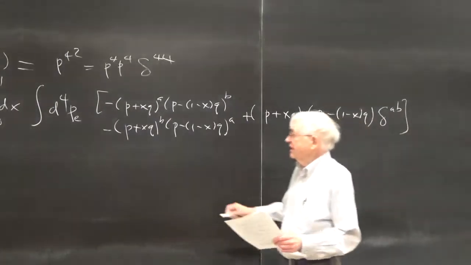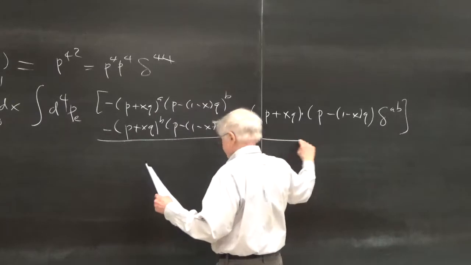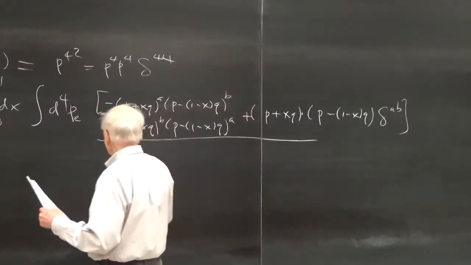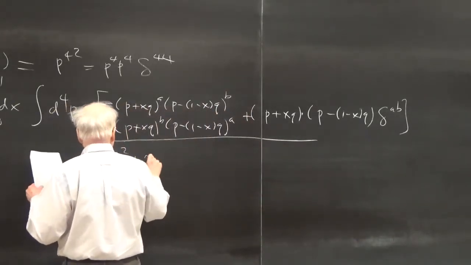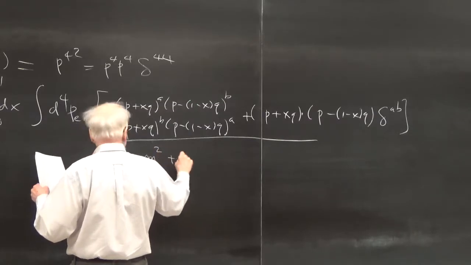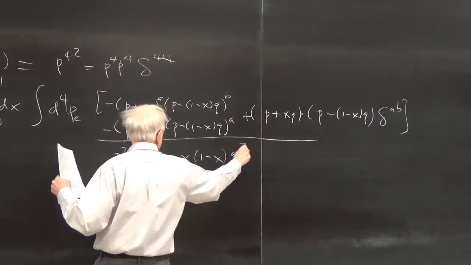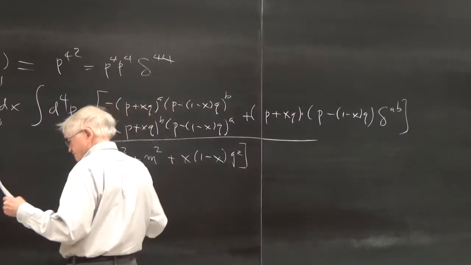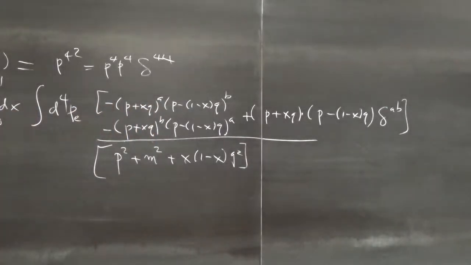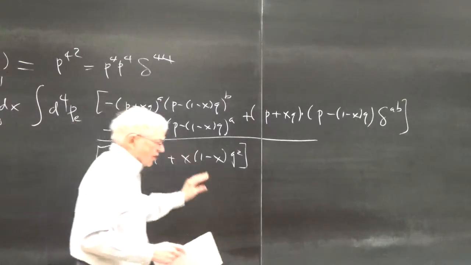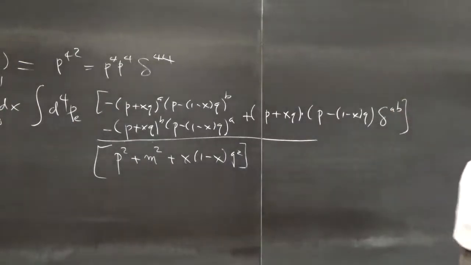And this whole thing is then divided by p squared plus m squared plus x(1 minus x) q squared. So this is the integral we have to deal with, and we imagine that all along we have regularized this integration.